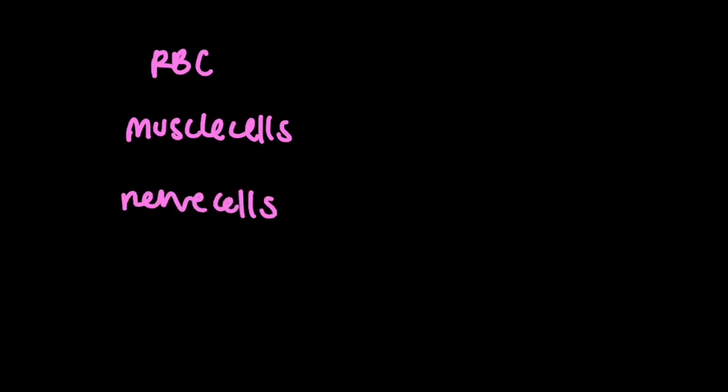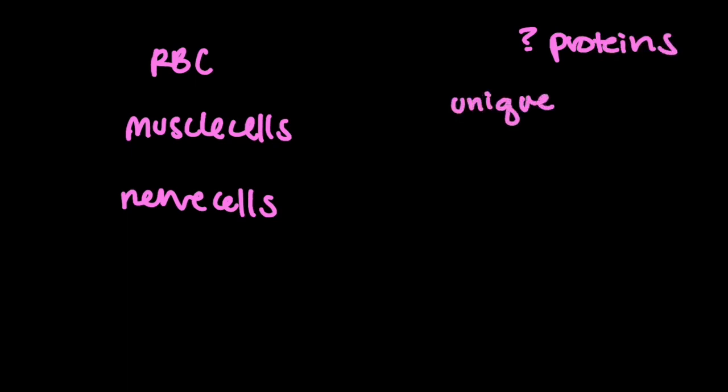Now, remember how I told you about proteins before? Well, cell specialization is largely based on which proteins are present or absent in the cell. It is a cell's unique combination of proteins that determines which functions can be carried out.